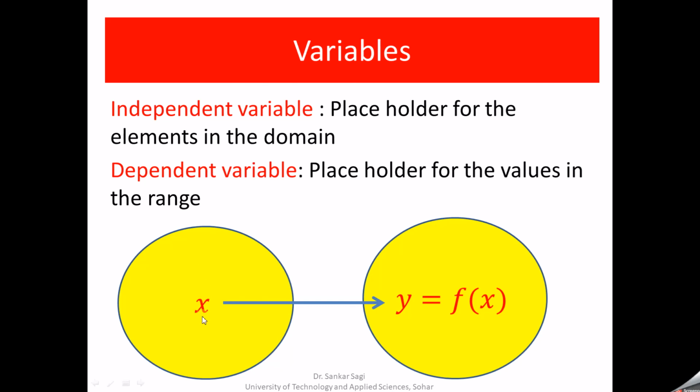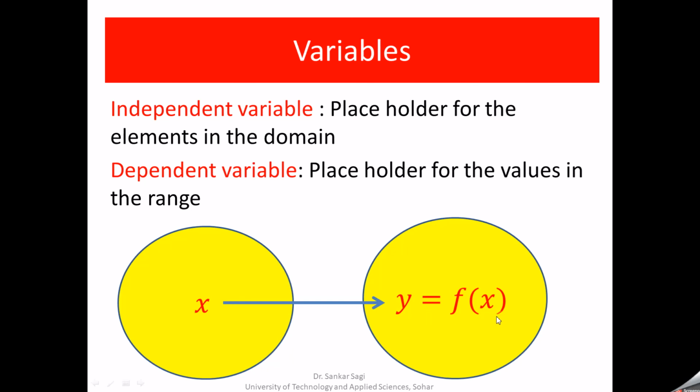There may be many elements in the first set, but all these elements are represented by one variable. Here we take x. So this variable, which is representative of all the values of the domain, is called the independent variable. Generally we take x as the independent variable which represents all the values of the domain.